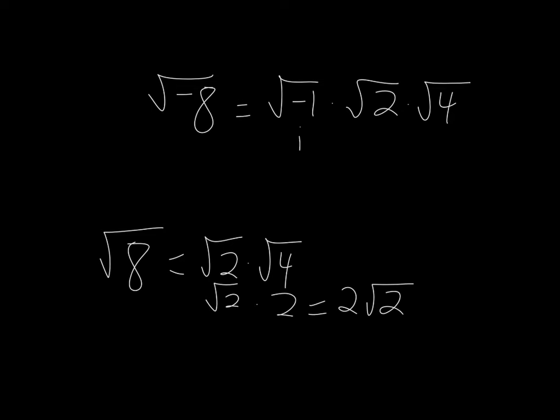So this square root of -1 becomes an i, this square root of 2 stays a square root of 2, this square root of 4 becomes a 2. Now, we're going to remix this thing. It's going to look very similar to our answer down below, 2 with the square root of 2, but there's going to be an i in between there, and that is 2i square root of 2.